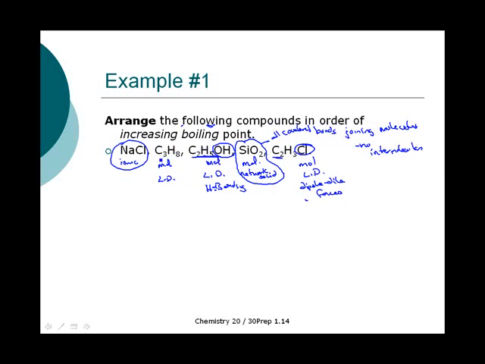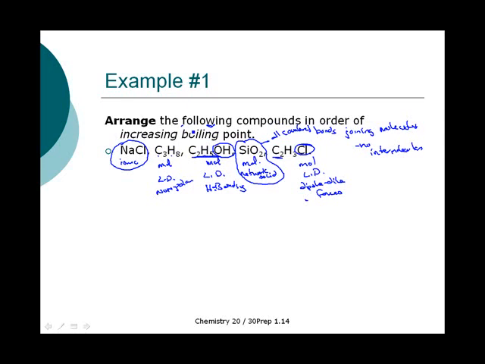This C3H8, and especially all of these compounds that contain just carbon and hydrogen, are non-polar. They just contain carbon and hydrogen, so there's only one or two types of bonds. Carbon-carbon bonds we know aren't polar.